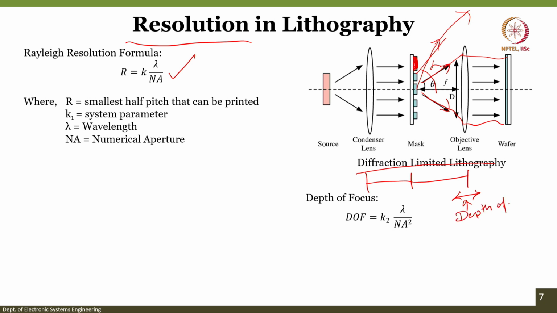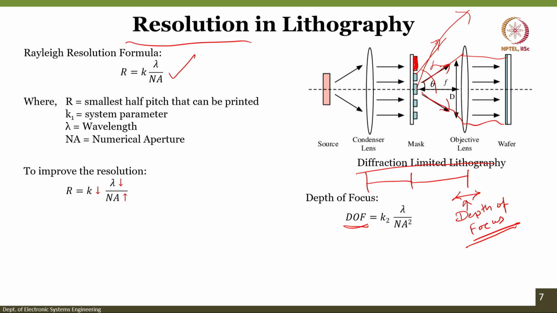Another quick observation: if the numerical aperture is higher it is good, because it lowers your resolution value, but it makes the DOF, depth of focus, even smaller. So the problem is you have to very precisely locate the objective lens, which is again a difficult thing. I will come to how big this system is later, but this is your depth of focus in brief.